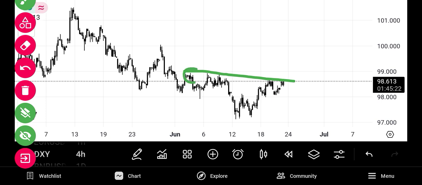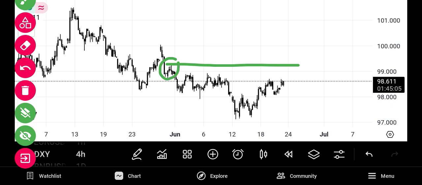This is my descending liquidity trend right over here. So there's an area that I like to pay special attention to, and that is, let me just draw a better line, this area over here.